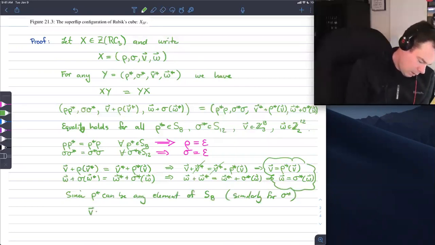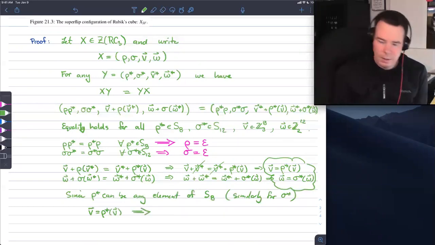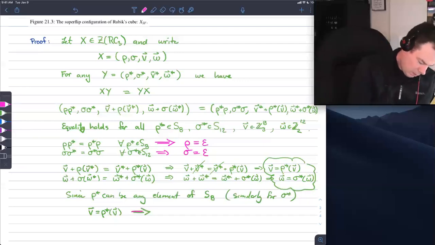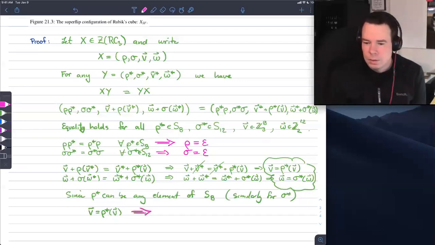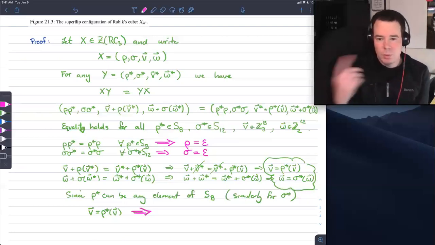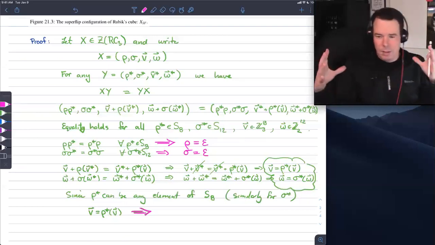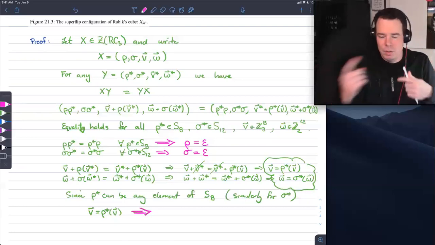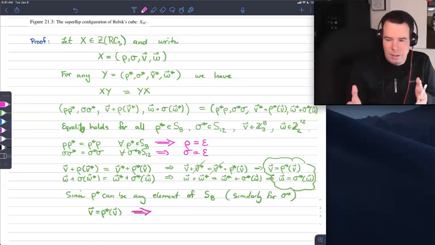So V is equal to rho star V. That tells me something. So rho star of V is just permuting. I've got a vector of length 8, and all rho star does is permute the entries of that vector. And this is saying that no matter how I permute the entries, I never change the vector.